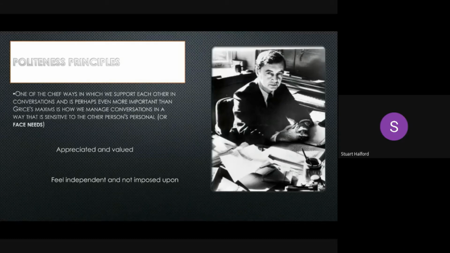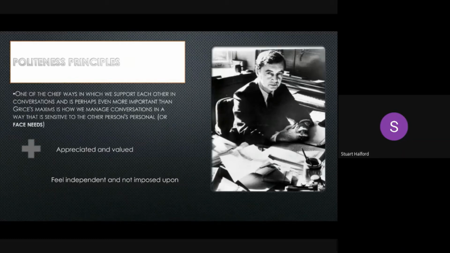and suggesting that one of the chief ways in which we support each other in conversations, and perhaps it's even more important than Paul Grice's maxims, is how we manage conversations in a way that's sensitive to other people's personal, or what he called face needs. So what are these face needs then?